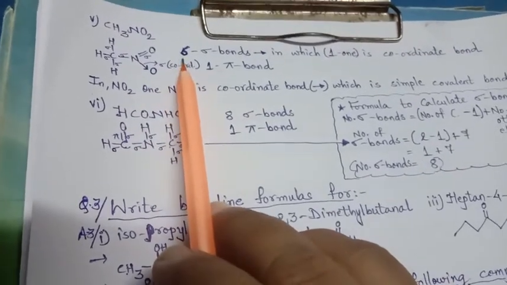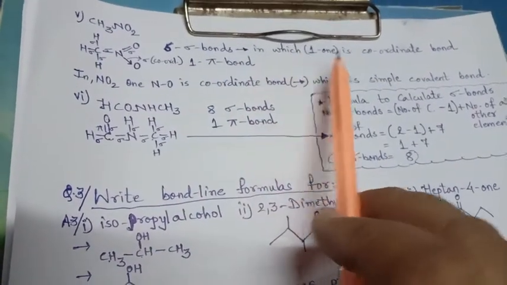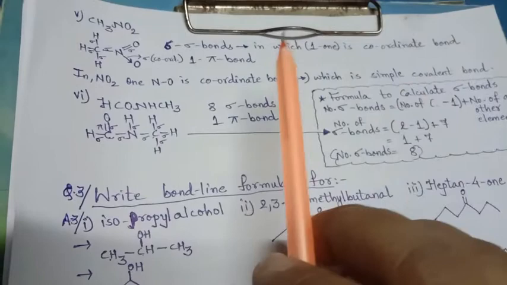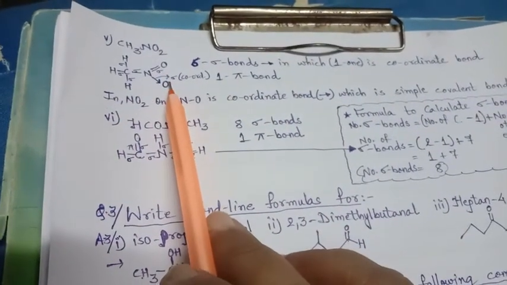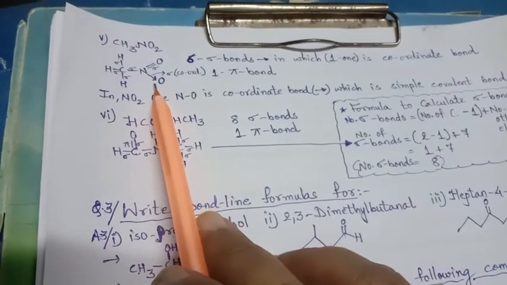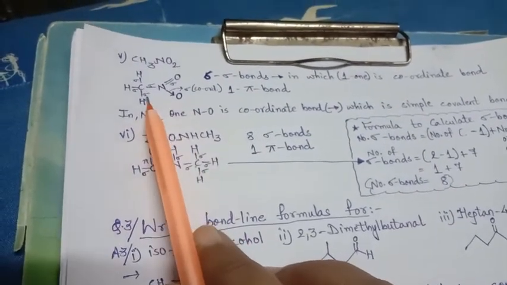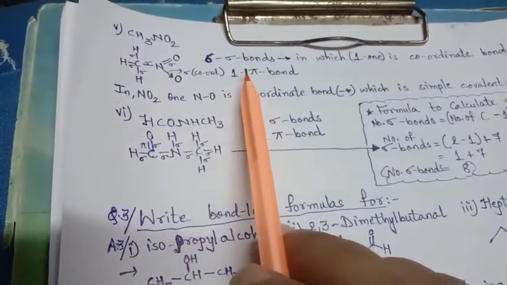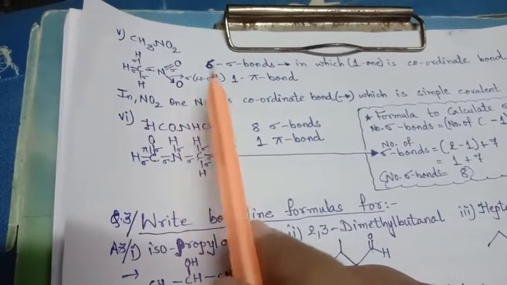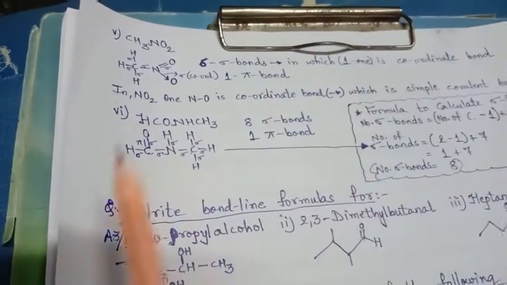So if you write 6 sigma bonds, you need to mention that 1 is a coordinate bond. So take care for NO2: one NO is always a coordinate bond. If you are not considering it, it is only 5 sigma bonds. But if you write 6, you need to mention that out of 6 sigma bonds, 1 is a coordinate covalent bond.